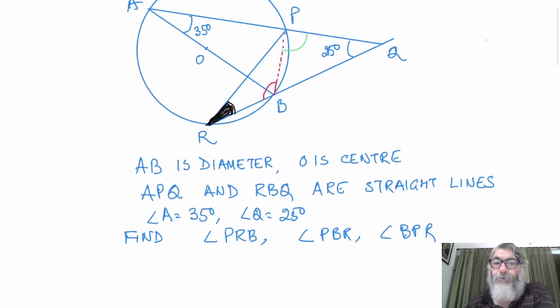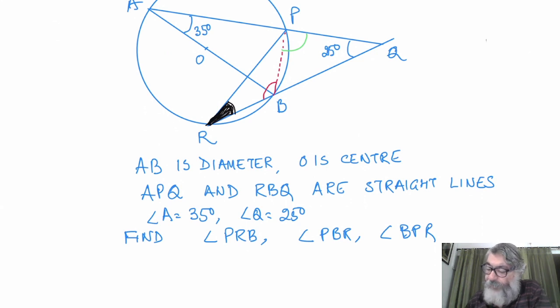If you look at the chord PB, chord PB divides the circle into two segments. Angle PAB will be equal to angle PRB.